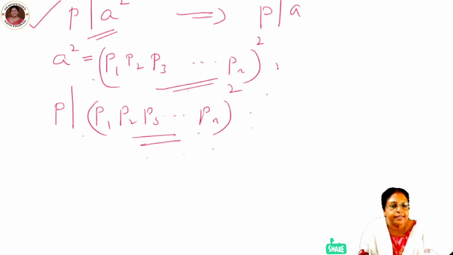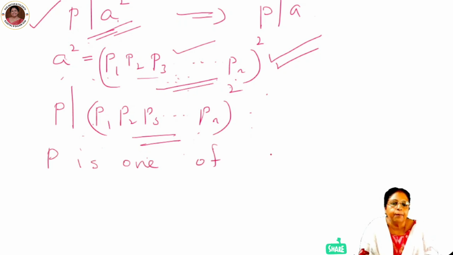That means this factorization is unique, so all prime factors are included in this. That means p divides a square, p being a prime factor of a square, is included in this list of prime factors. That means p is one of these prime factors p1, p2, ... pn. Are you following? p is one among these prime factors.